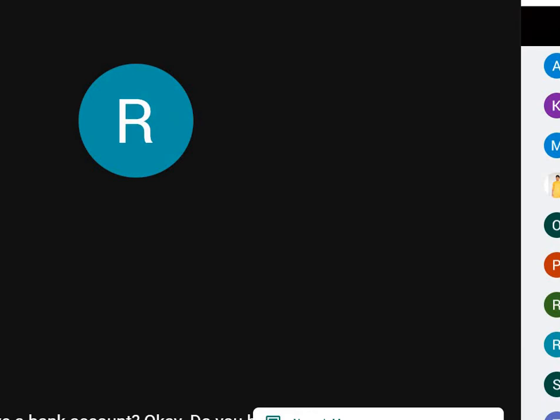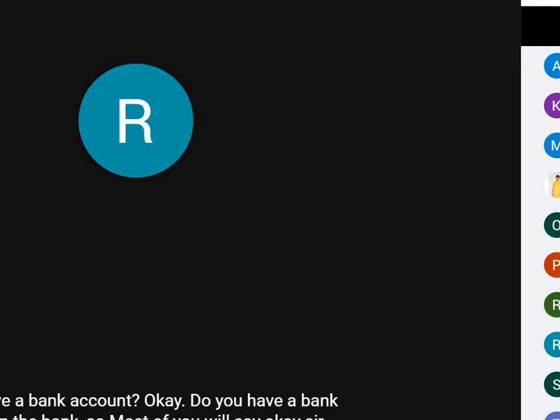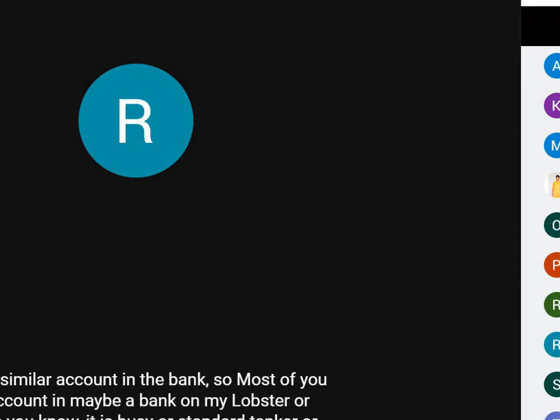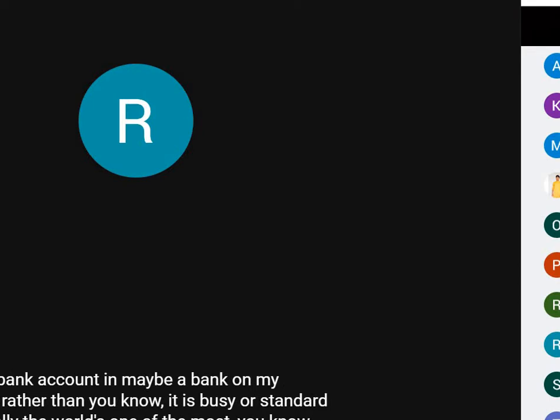Most of you will say, okay sir, we have a bank account in maybe Bank of Maharashtra or State Bank of India, rather than HSBC or Standard Chartered or Citibank, which are basically one of the most powerful or largest banks in the world. But why do you have your bank accounts in State Bank of India or Bank of Maharashtra?